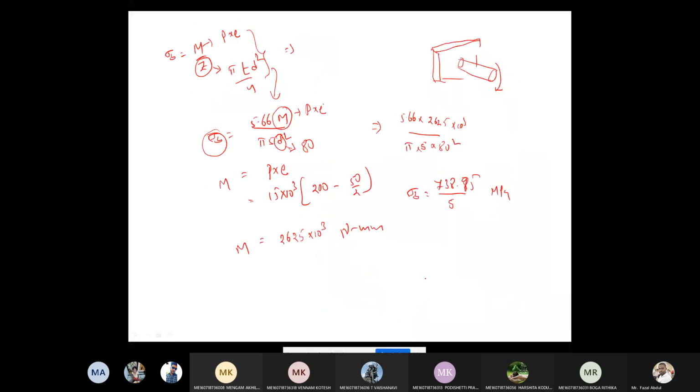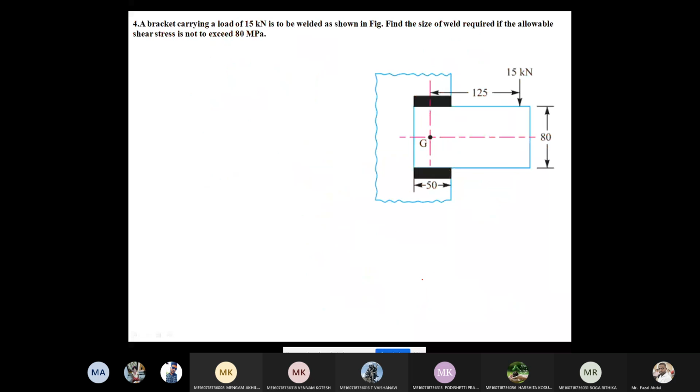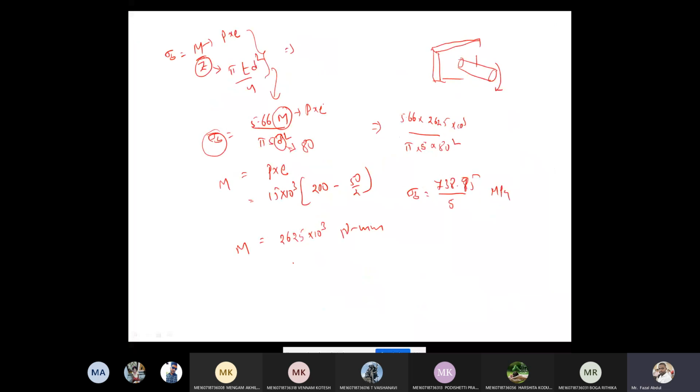Right here, 120 megapascal equals 1 by 2 into square root of sigma B value 738.95 by S square plus 4 into 506.6 by S square. Simplify the equation and now tell me the S value, how much. S value is in mm. Do it first.